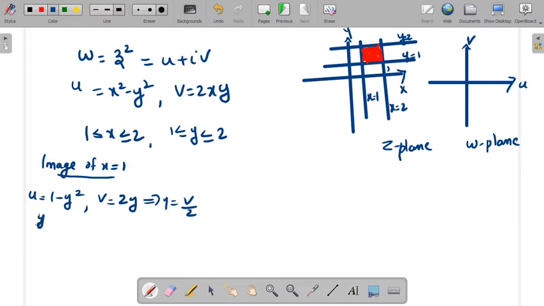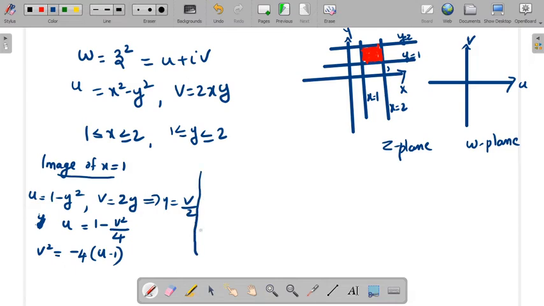So that we get u equal to 1 minus v square by 4, 1 minus y square, or v square equal to minus 4 into u minus 1.